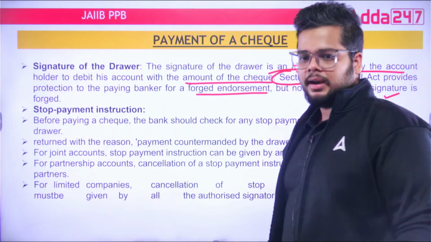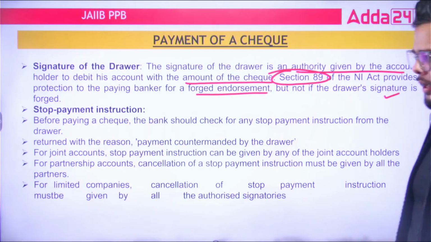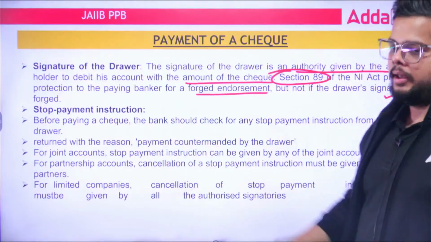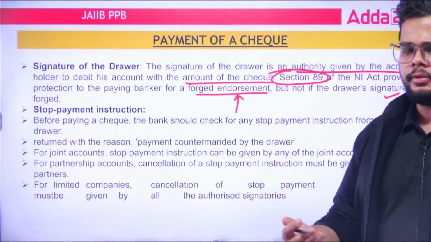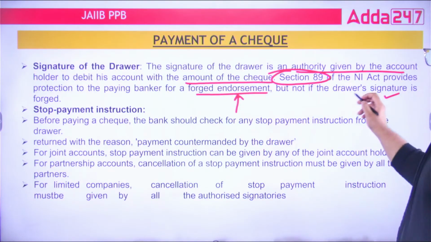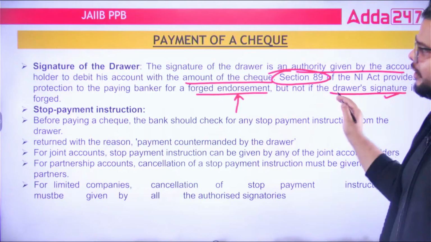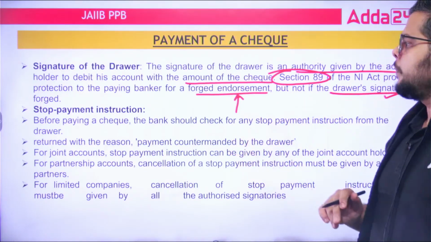So section 89 provides protection to the paying banker if the endorsement is forged, some falsified endorsement. But if the drawer's signature is forged, section 89 cannot help you.